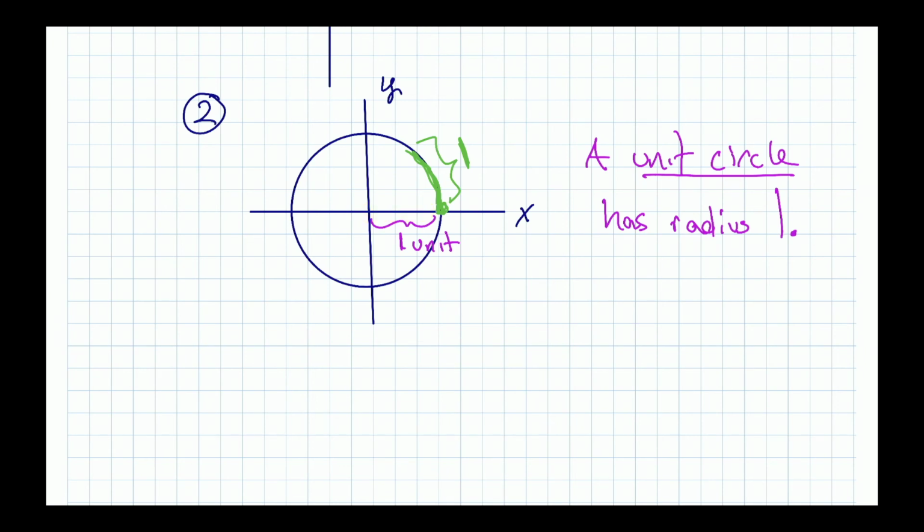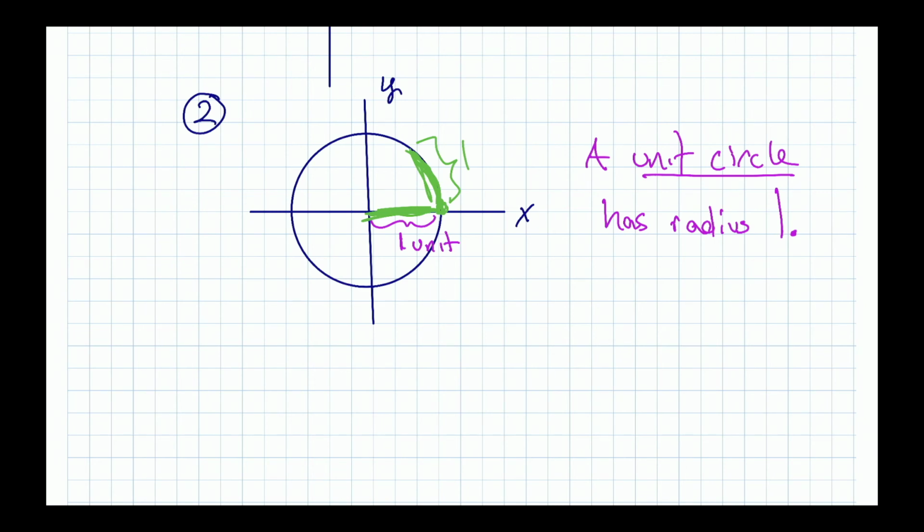So the bottom side here and this side here are almost like two sides of a triangle. It's not a triangle, obviously, because this side is not straight, but it's almost a triangle.